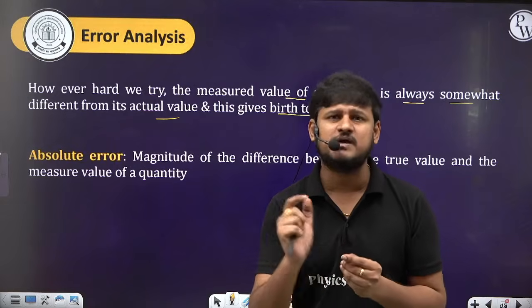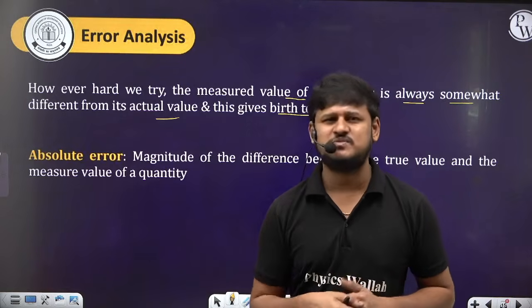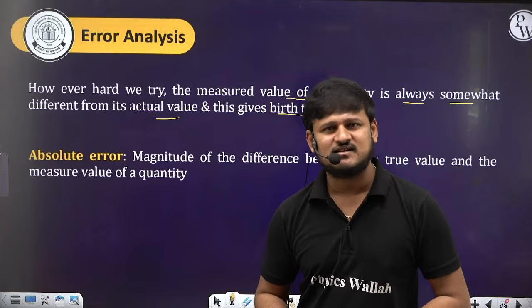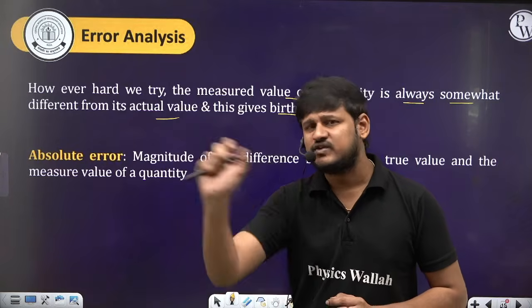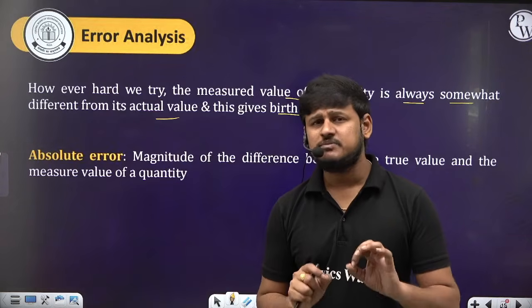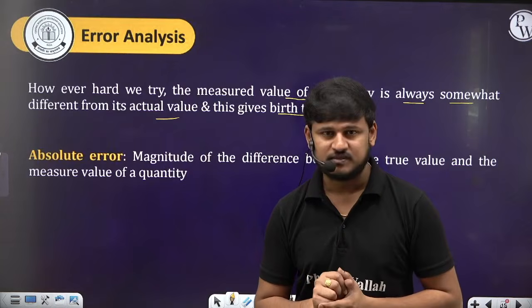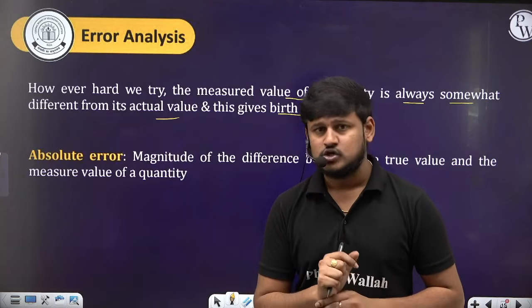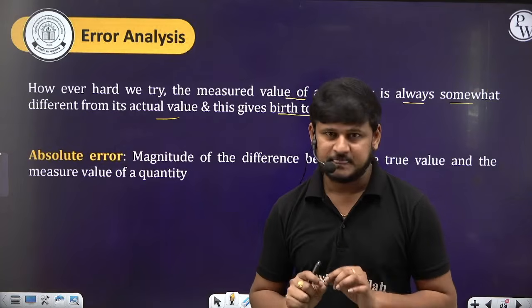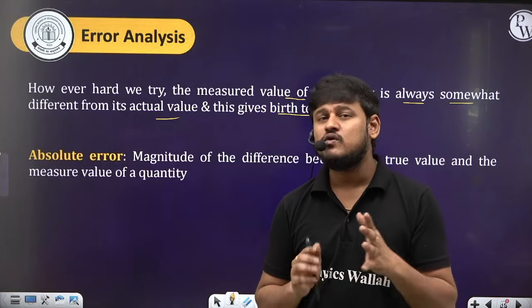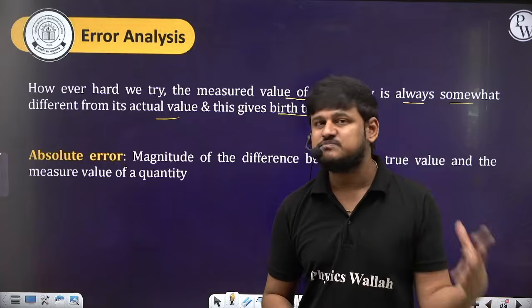Again next time you measured, you got some other value, some minor difference. So every time you measure, you are getting a very close but different value. So there is some error. How do you find that error and what are the types of that error?